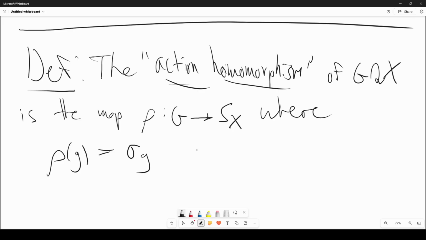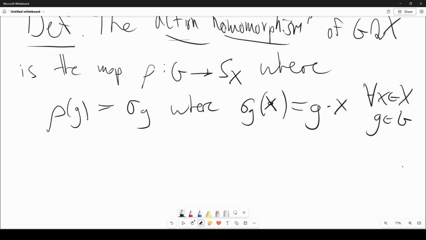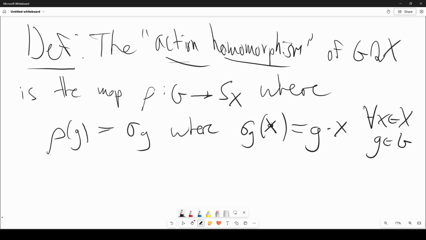And I need to define what sigma sub g is, where sigma sub g of x, because remember sigma sub g should go from X to X, equals g dot x. And this is for all x in X and g in G. So this seems confusing. I'm going to try to work through it, and the best way to do that is to prove what I'm saying here.